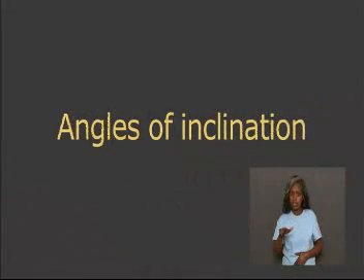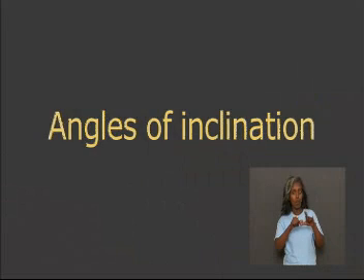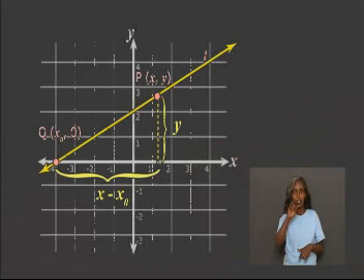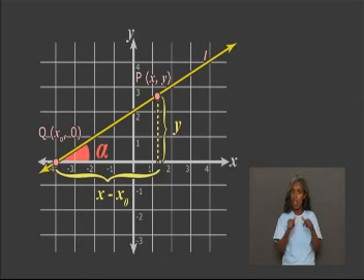To determine the angle between the 2 lines, we must find the angles of inclination. In this graph, the angle alpha is measured from the x-axis to the line in the counterclockwise direction. Alpha is the angle of inclination.